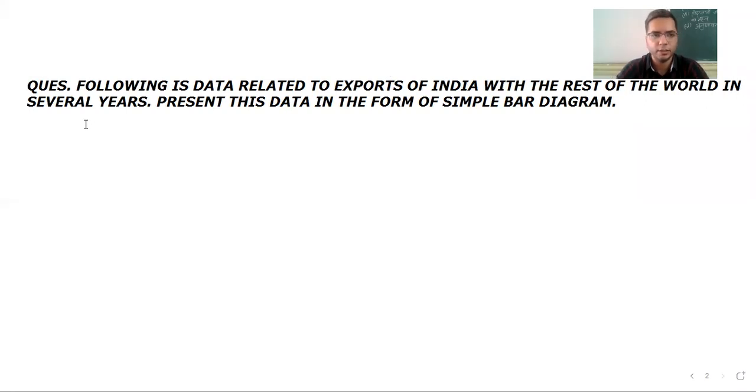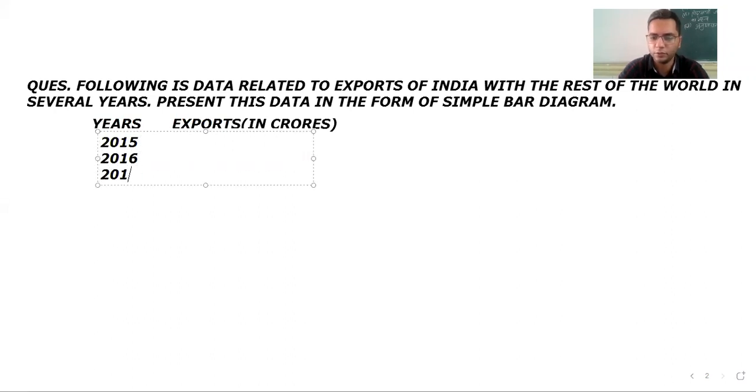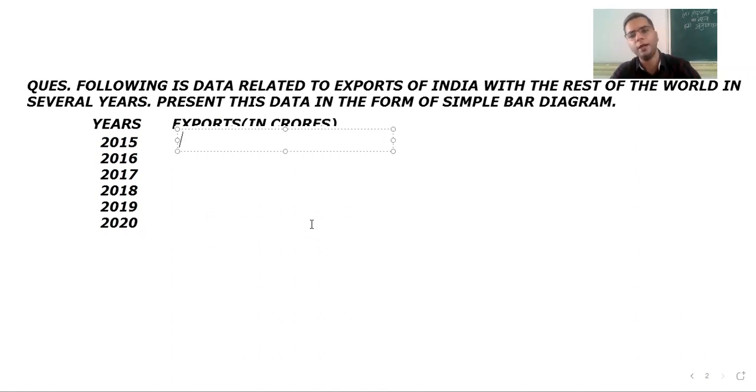Now, the question given to you is years and of course exports. Exports in crores. Figures in crores है बेटे ध्यान रखना. ठीक है? Years have been given to you as 2015, 2016, 2017, 2018, 2019, and 2020. And exports have been given to you as figures in crores. So in the bar diagram also, you will be taking just the figures which are given in the data. And upar mention kar dena that the figures are in crores, right?